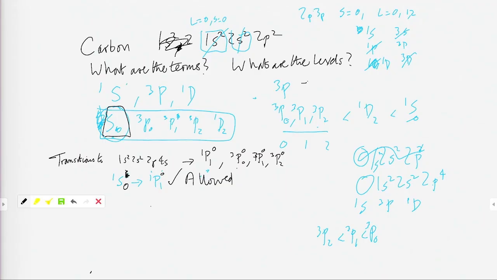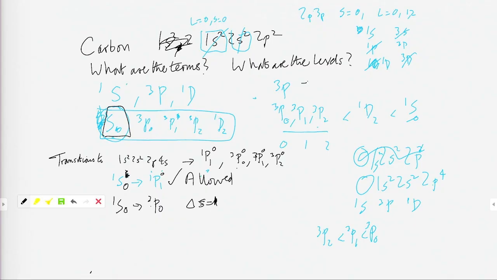Your neighbor who's good on disallowed transitions thinks that's not allowed, and she's right in this case. So delta S equals 1 in this case. Okay, so that's already a problem.